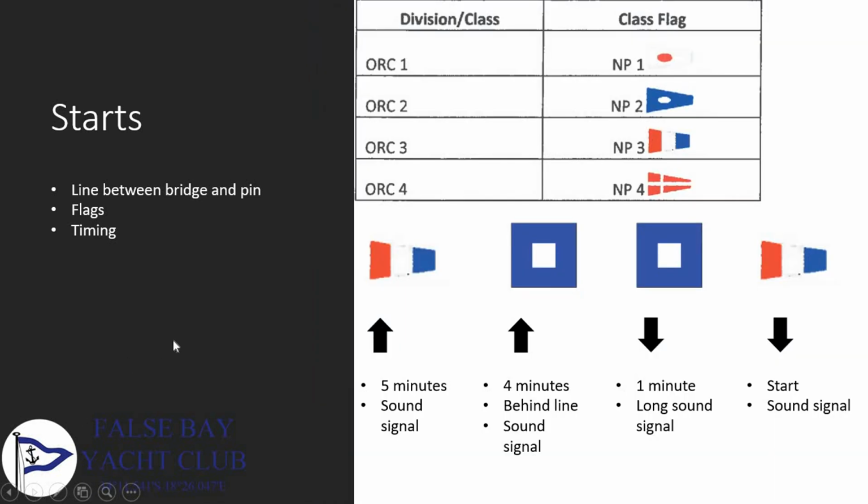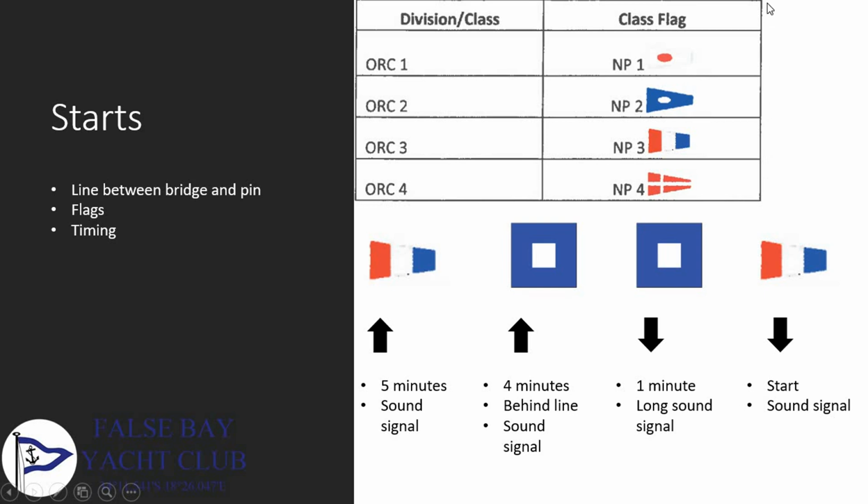Okay, this is the starting procedure that we use. These are all the flags, and I'll go over what all the flags mean now. This table that I've put here is a copy of what's normally found in the sailing instructions.